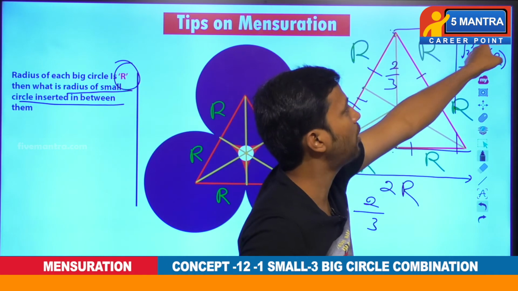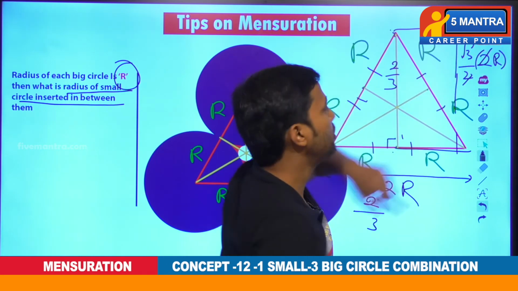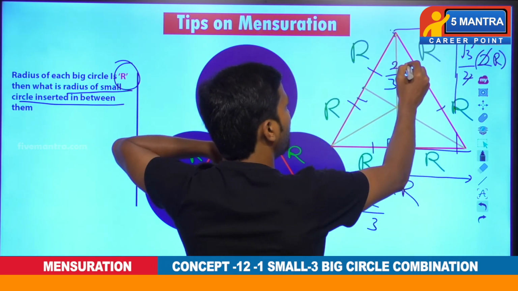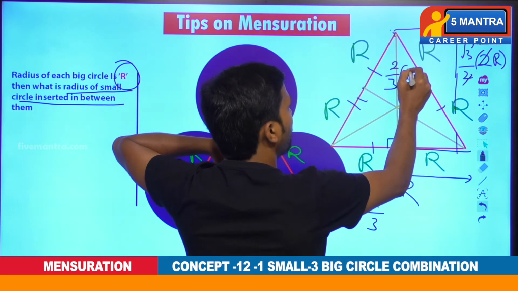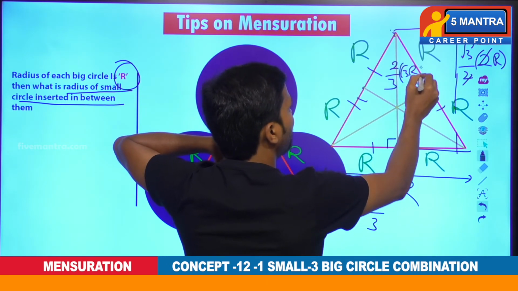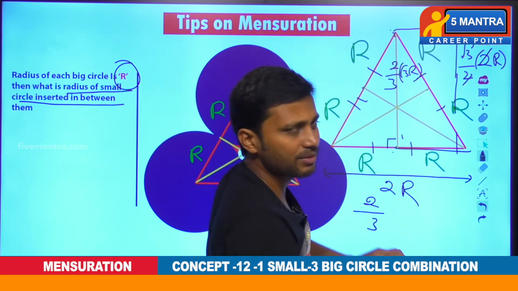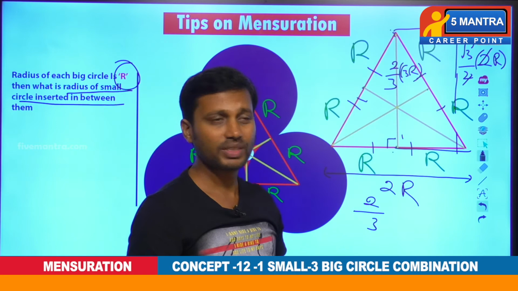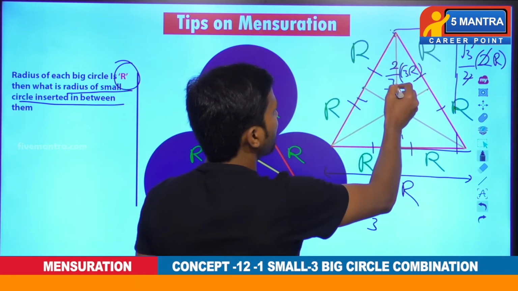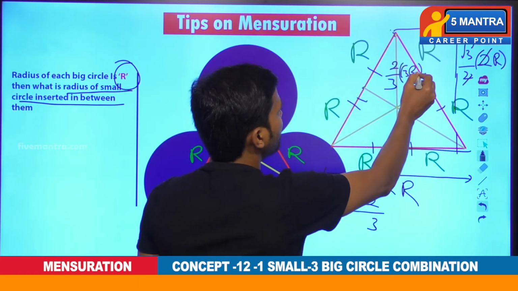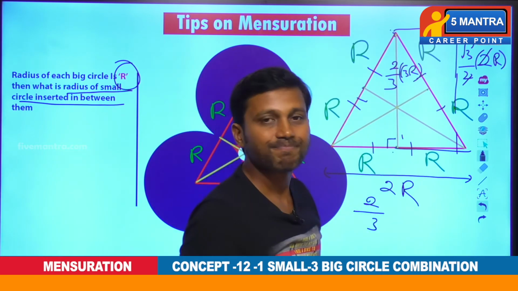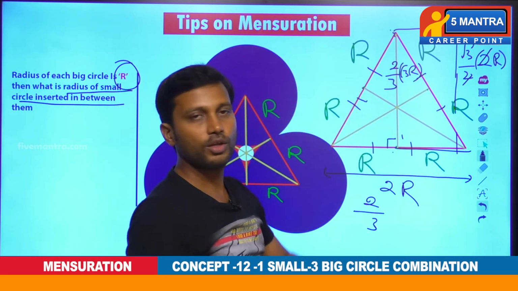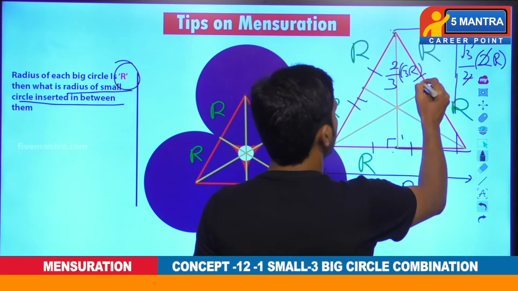What is the total height we obtained? Root 3r. So the total height root 3r times 2 by 3, and here 1 by 3 times. Of course, we don't need that value. Got it? So now what is the value of this? 2 root 3r by 3.